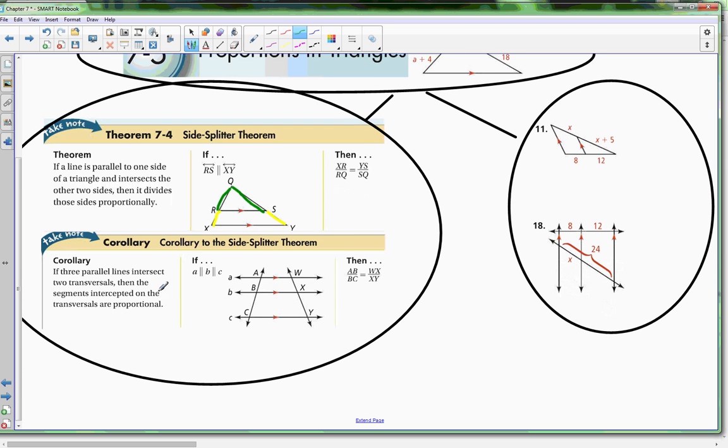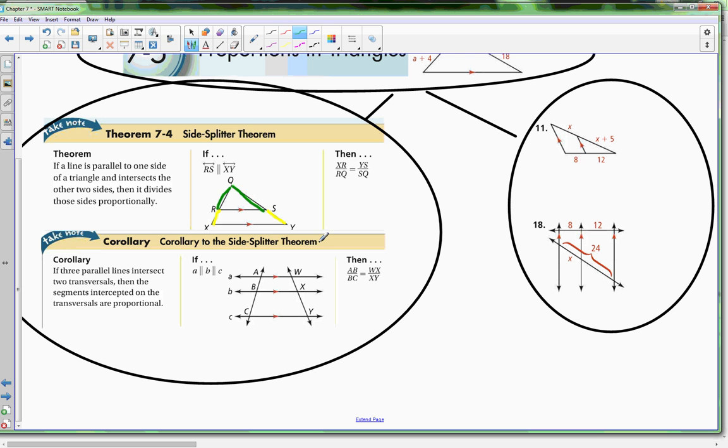And then the corollary to the side splitter theorem is if three parallel lines intersect two transversals, then the segments intercepted on the transversals are proportional. So if we look here, AB is right here, BC is here.